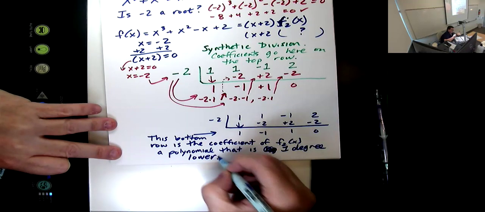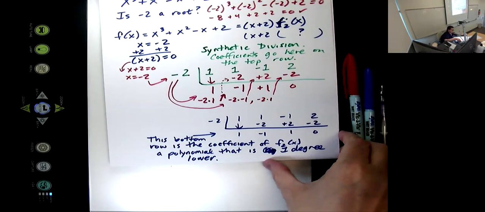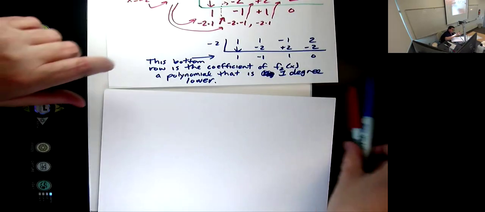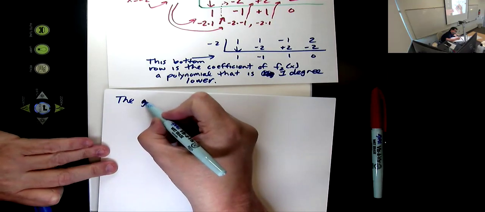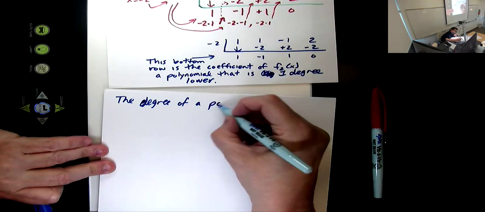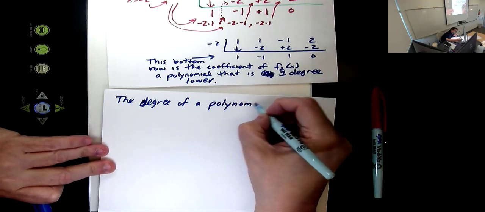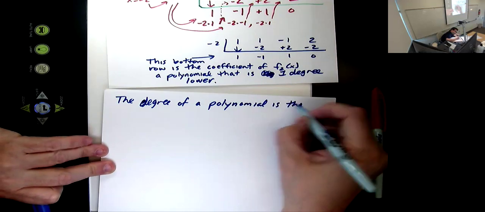And I guess I should have said what degree means. I swear I've said degree before in the past, but if I haven't, the degree of a polynomial is the highest exponent, the largest exponent.